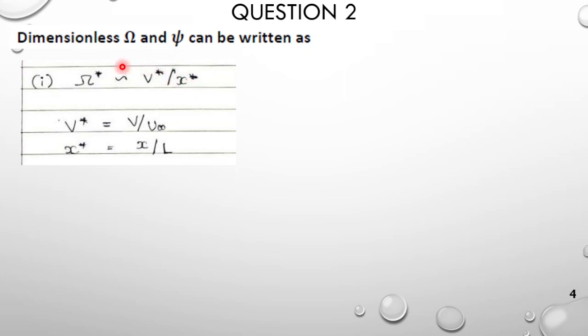This is nothing but conversion into primitive variables, because we know the non-dimensionalization of velocity and the distance, but we do not directly know the dimensionless form of this one. That is why this exercise is being performed.